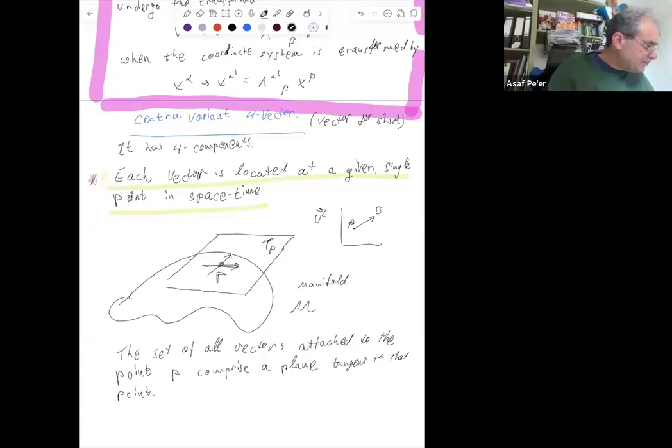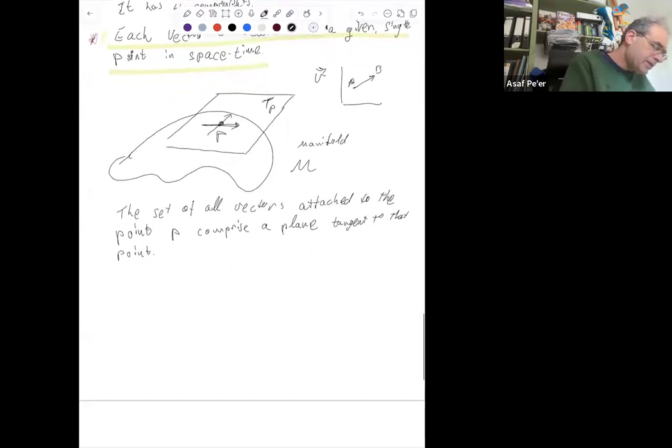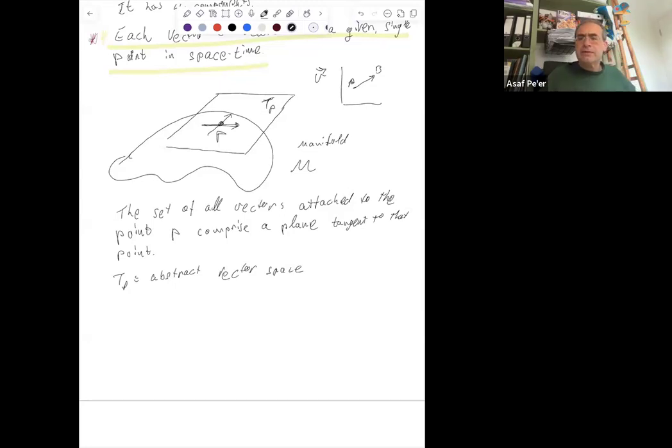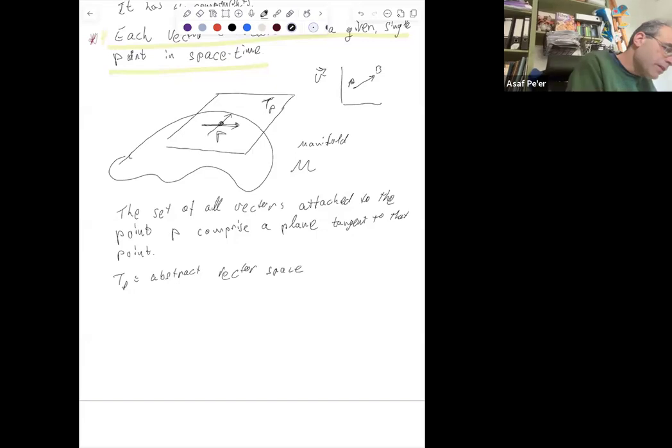T_P is basically the abstract vector space. And whatever one of you said earlier, I don't remember which one of you, is correct. It fulfills all the properties that you know from vector spaces in linear algebra.